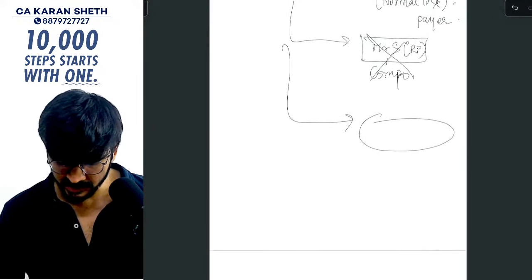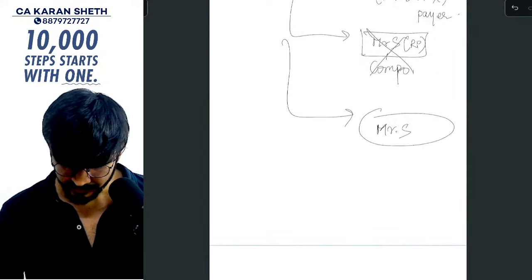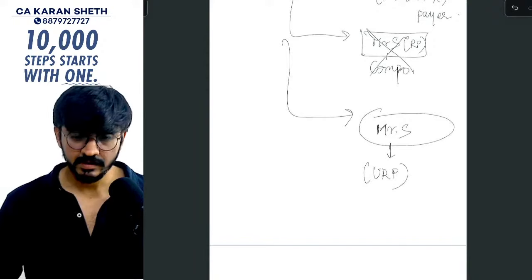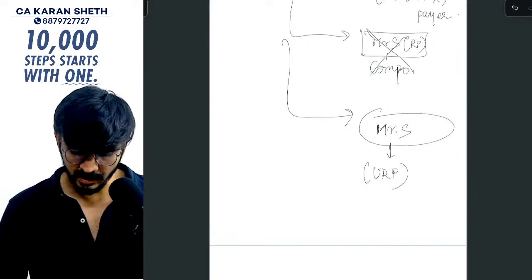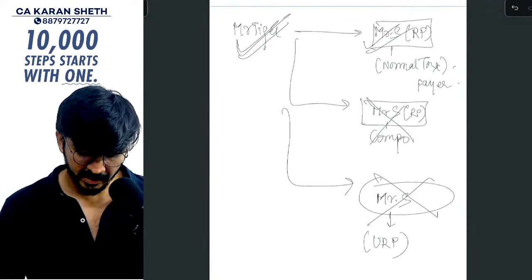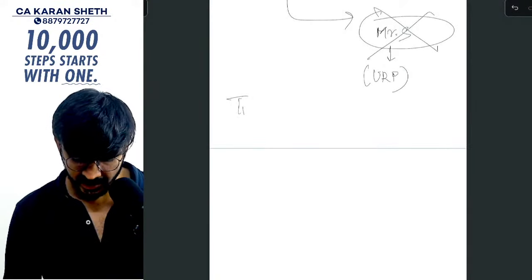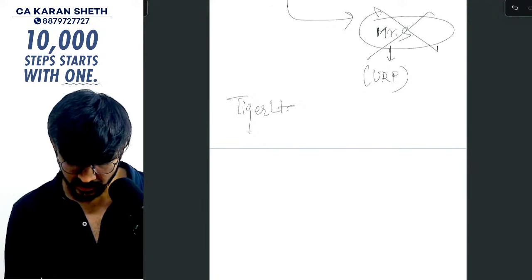What if I say Mr. S is an unregistered person, who will pay tax? Will it be the recipient? Again, no. Again, Mr. Tiger will pay tax. But what if I say Tiger Limited is giving service?